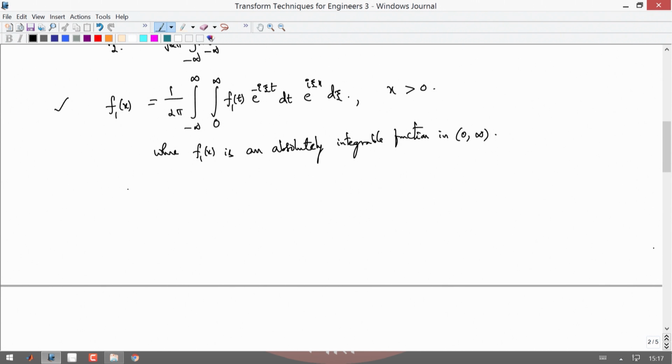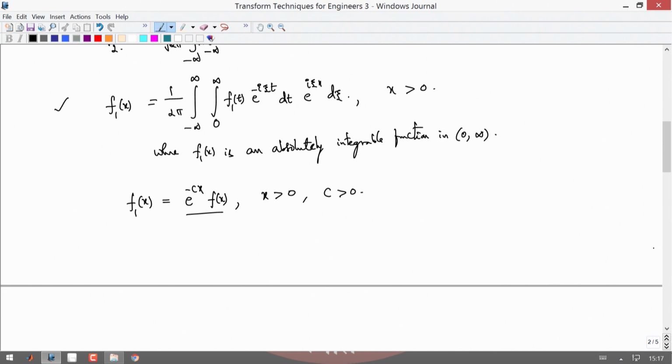Now, I choose some particular function for f 1 of x, which is some function that is not absolutely integrable, but if I multiply with the exponential e power minus c x for x positive side, and c is positive, then it is an absolutely integrable function.